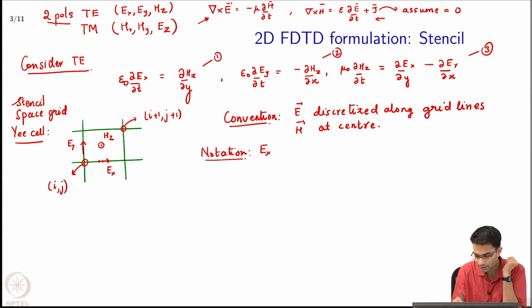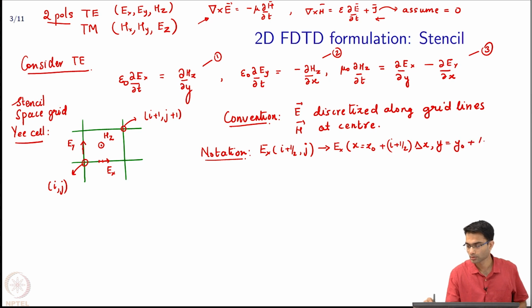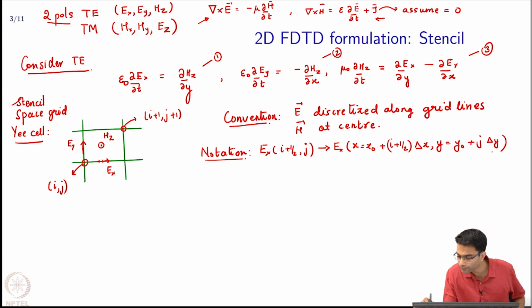So Ex, for example, at i plus half, j. If I write something like this, you know what that means, right? It means that I am actually evaluating Ex at x equal to x naught, some reference, plus i by 2 times the discretization delta x, and y naught plus j times delta y.